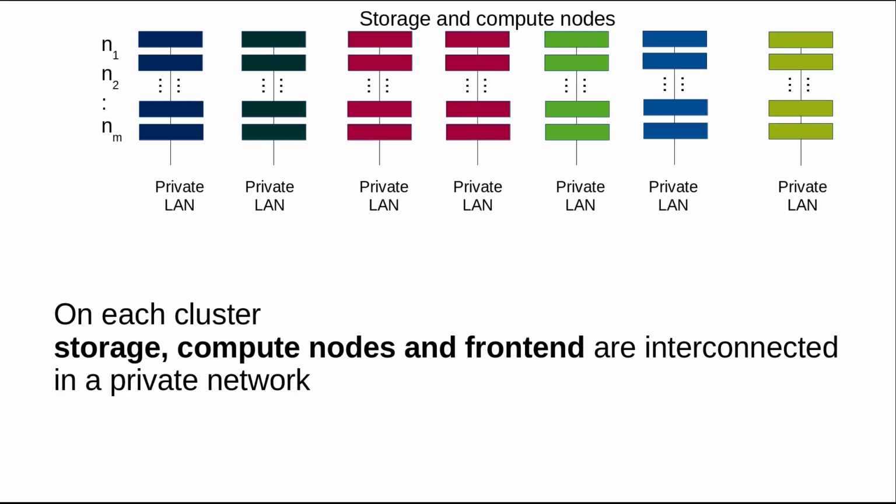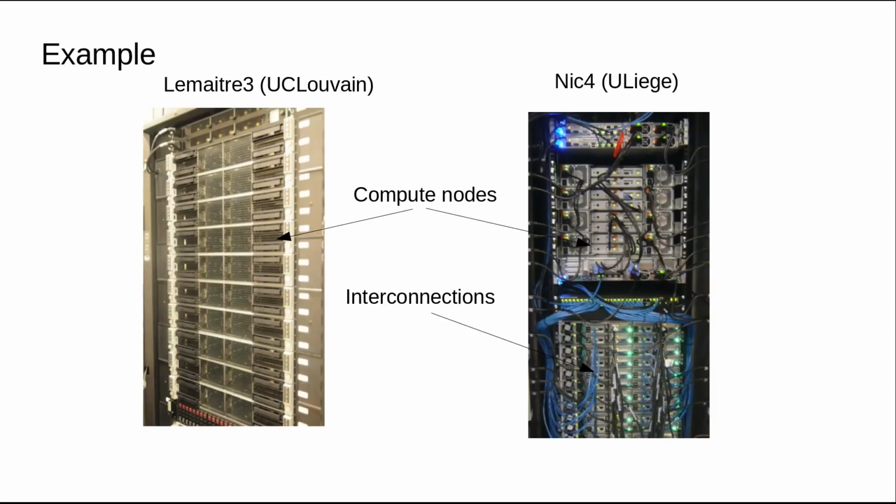Each cluster is made up of a set of computers called compute nodes to submit tasks, storage nodes to keep your files, and an access node called the frontend. All these nodes are interconnected by a private network. For example, in this image you can see the front of the compute nodes, which are part of the LEMAITRE 3 cluster, and the back of the NIC 4 cluster with the network cables connecting the nodes.